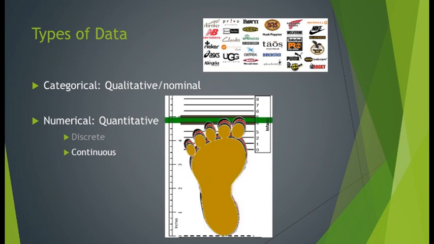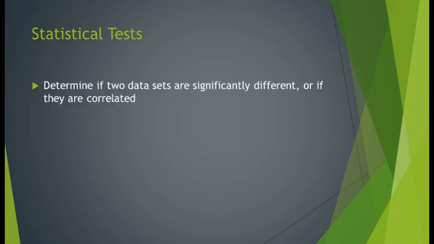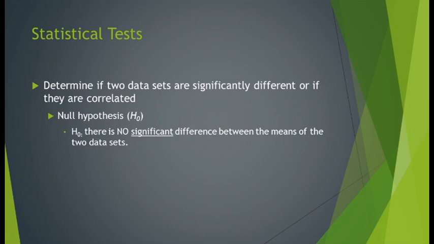Now that you know the type of data you have, you need to know what statistical approach is appropriate. The statistical tests that we'll go through focus on determining if two or more data sets are significantly different from each other or if the values are correlated. The null hypothesis is that there is no difference between data sets or that the data sets are not correlated.